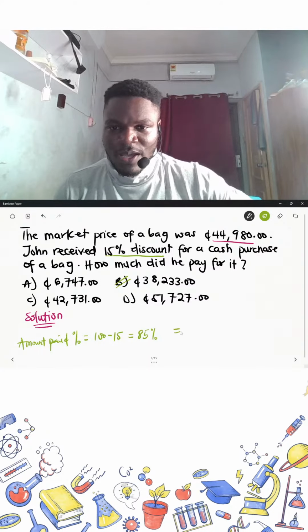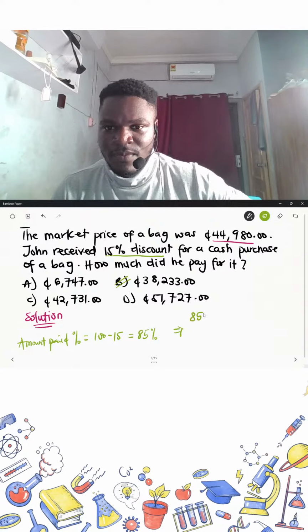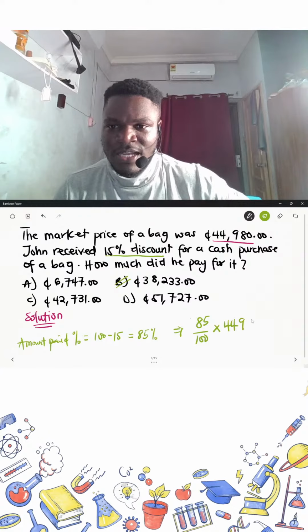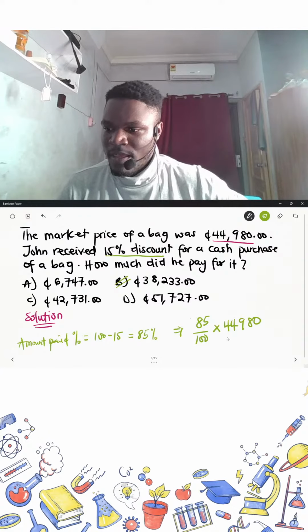So this now implies that we have 85%, sorry, just 85 over 100 multiplied by 44,980. Are we okay?